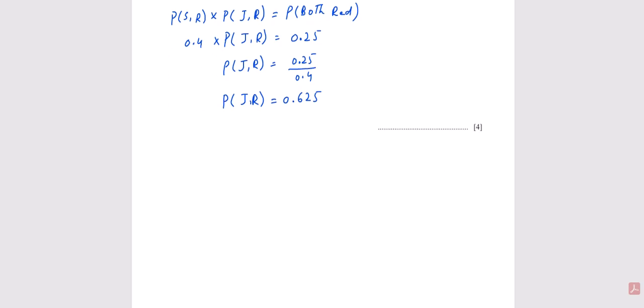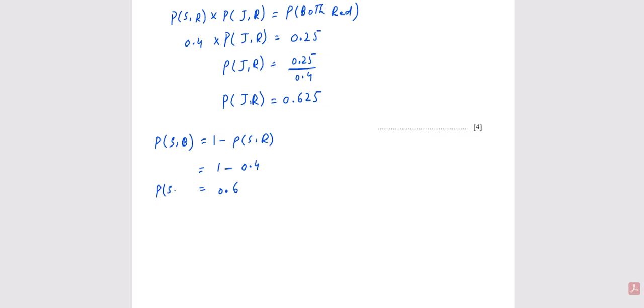So now we need to find the probability of blue counters. Probability of Stephen picking the blue counter is equal to 1 minus the probability that Stephen picks red, so 1 minus 0.4, that is equal to 0.6.